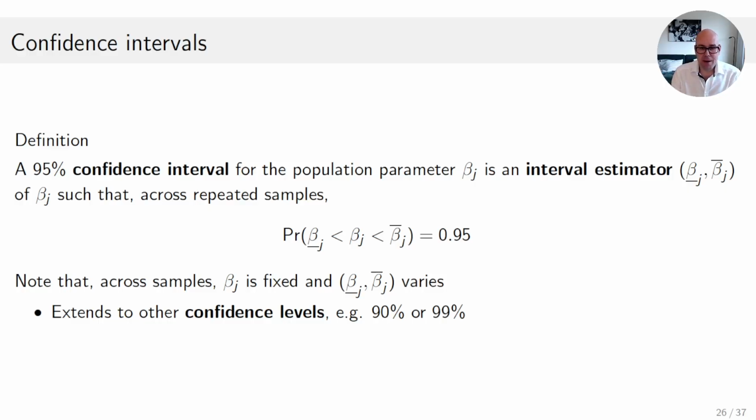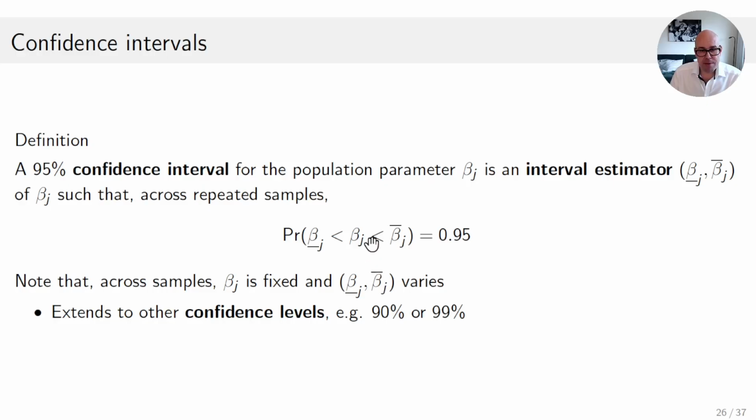So a 95% confidence interval, for instance, for the population parameter beta j is an interval estimator, beta lower bar j, beta upper bar j, of beta j, such that across repeated samples, the probability that beta j lies in that interval is 0.95. Okay, you can also have a 90% confidence interval, then this would be 0.9, or 99%, then it would be 0.99.